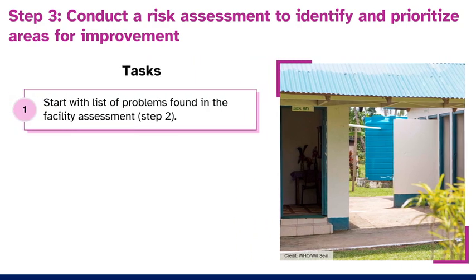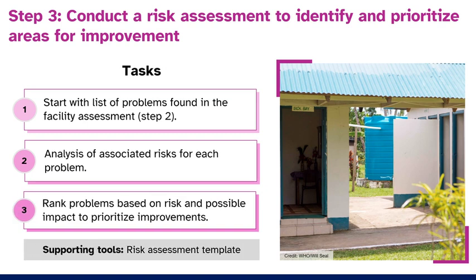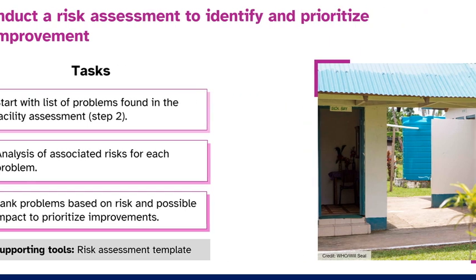This step begins by generating a comprehensive list of problems taken from the facility assessment completed in step 2, followed by a detailed analysis of associated risks for each problem. Each problem is ranked based on its potential impact severity, leading to a prioritized list for intervention.